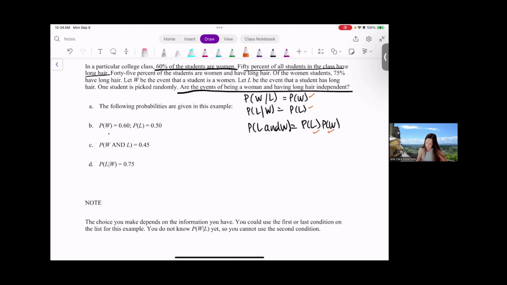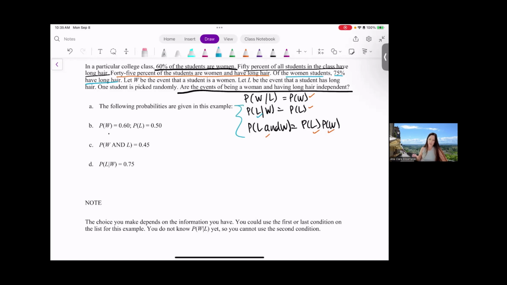But then it says 45% of the students are women and have long hair, so I'm also given the probability of W and L. Of the women students, 75% have long hair, so that's a condition. That's the probability of L given W. So I'm given a lot of these, but I'm not given W given L, okay? So I can only use these 2.